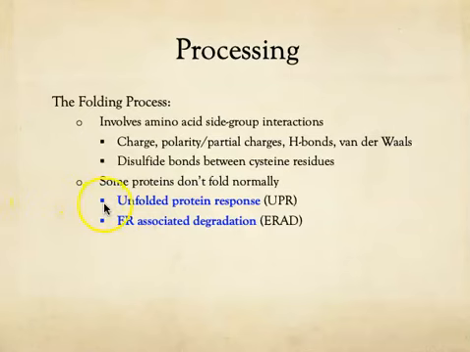The first one is referred to as the unfolded protein response, or the UPR, and the second one is called ER-associated degradation, or what we call ERAD. These are two processes that are in place in living cells to deal with the problem of a misfolded protein.